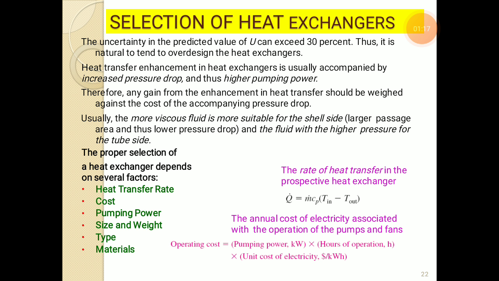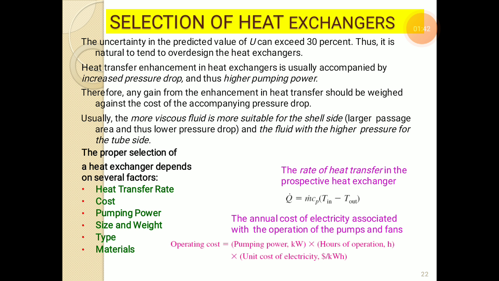First is related to heat transfer rate, whether we have to extract more energy from the hot fluid or medium or low, depending upon the heat transfer rate. Second is related to cost. Third, pumping power. Fourth, size and weight.